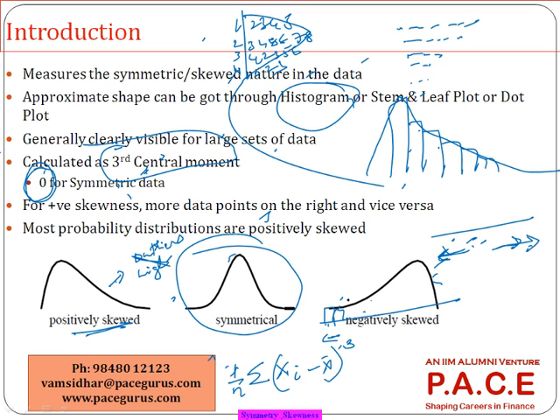Whether we talk about Poisson distribution or chi-square distribution or exponential distribution, there are so many distributions which are purely positively skewed only. We don't have many negatively skewed distributions as far as finance or insurance kind of data is concerned.